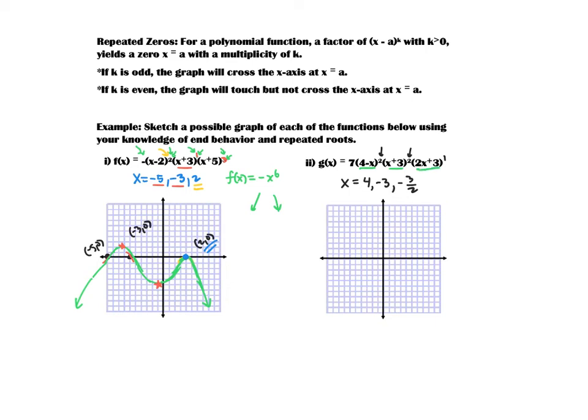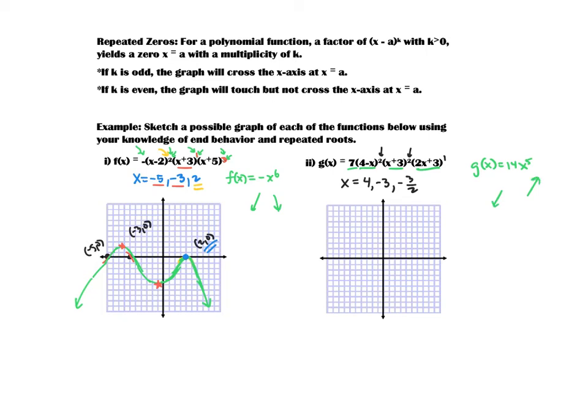In the last term, you get a 2x. So if you had an x² times an x² times a 2x, you'd have 2x to the 5th. Now, if I also included the 7, my leading term for g of x would be 14x to the 5th. So I know end behavior-wise, odd positive is going to look like that.